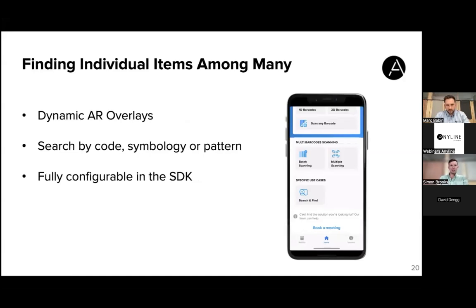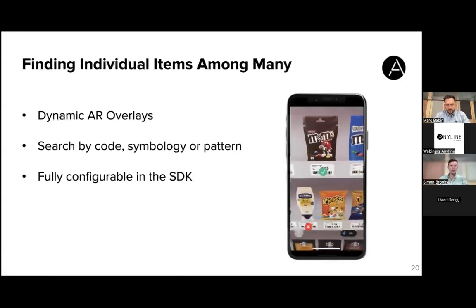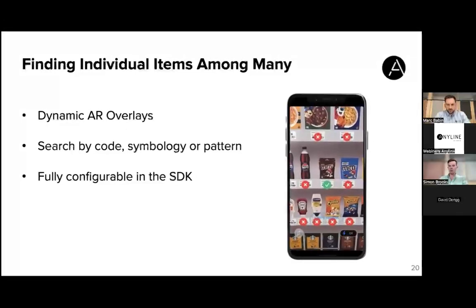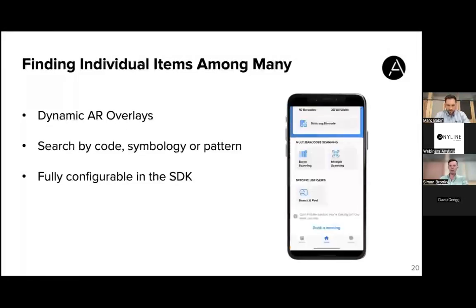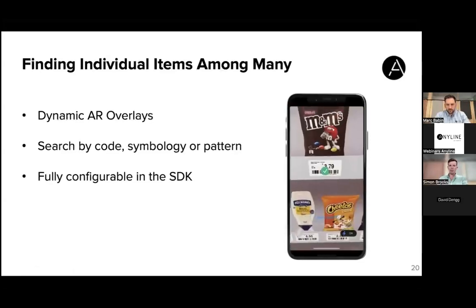I mentioned overlays earlier, and this is an interesting example where using our SDK, you can also build in the functionality to find individual items among many. So again, with those dynamic AR overlays, we're just showing an example here from our Showcase app, which I'll give you a bit more information on later, where by searching for a code, symbology, or pattern, we can configure that within the SDK and enable an example like this, where, for example, we look at the value of the barcode.